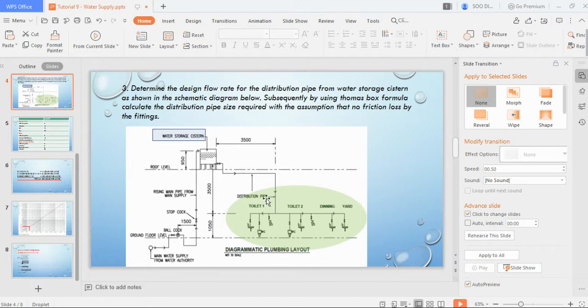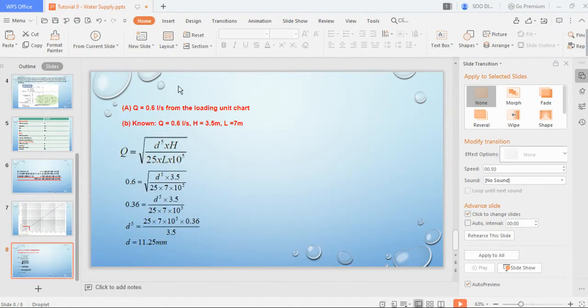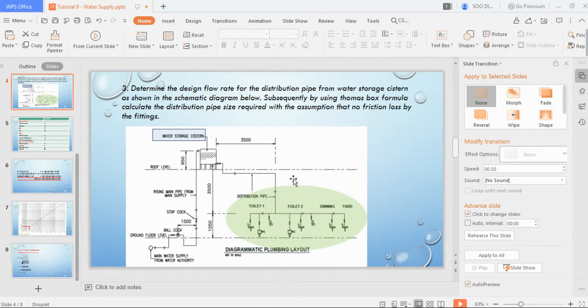To find the H and the length, you have to work out from this table. So how you get the length for your distribution piping is here: from your water storage to your distribution pipe is 3.5 meter, and then another 3.5 meter. So this is in total 7 meter.